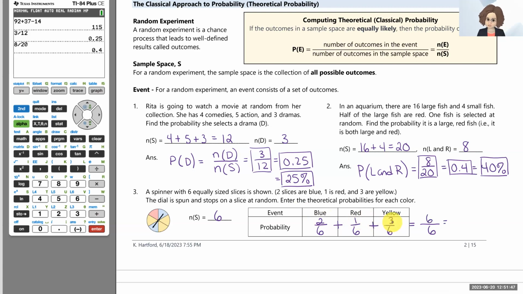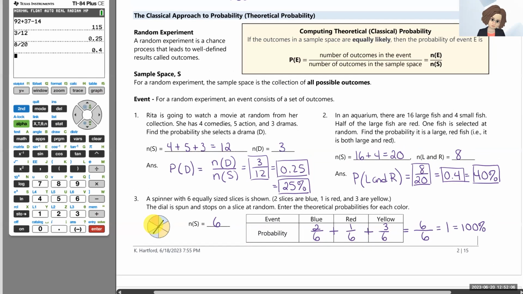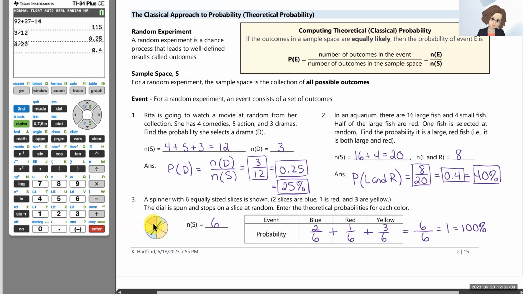So in other words, the probability of landing on a blue, a red, or a yellow is 1, or 100%. So 100% chance you'll land on one of those three colors when you spin your spinner. All right, so that's our classical approach, and we'll take a look at how this ties to the experimental approach that we saw earlier coming up.